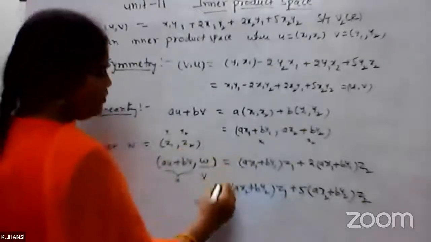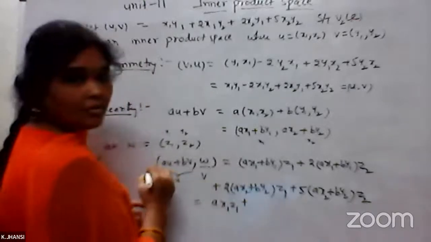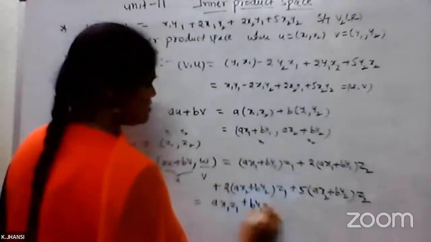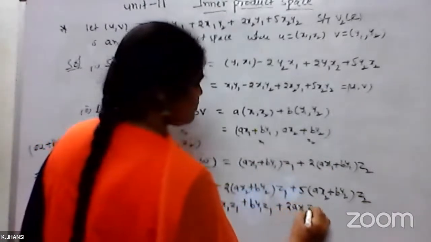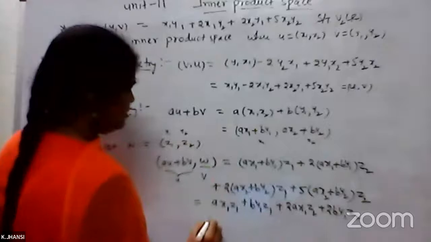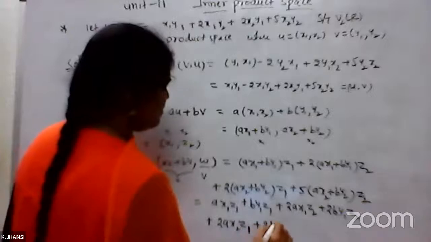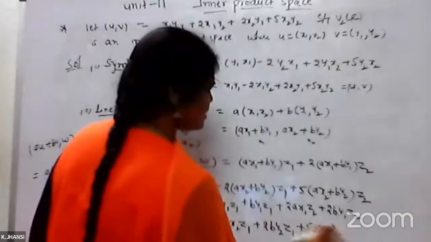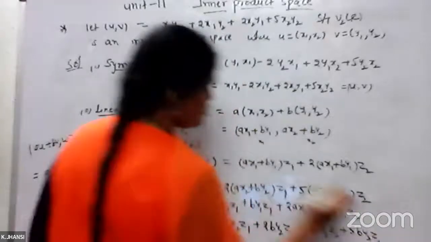Now you split this one, you will get a x1 z1 plus b y1 z1 plus 2a x1 z2 plus 2b y1 z2, next plus 2a x2 z1 plus 2b y2 z1 plus 5a x2 z2 plus 5b y2 z2.